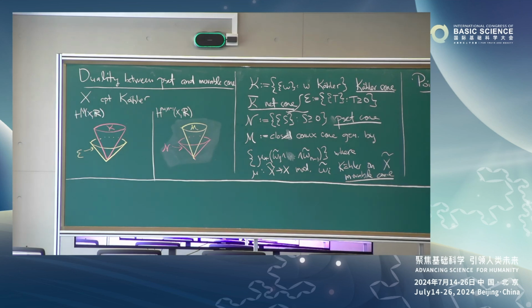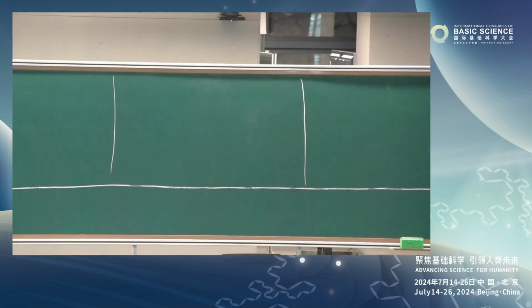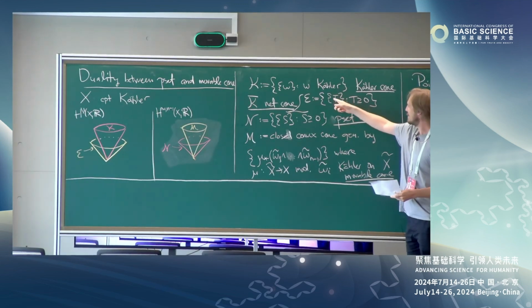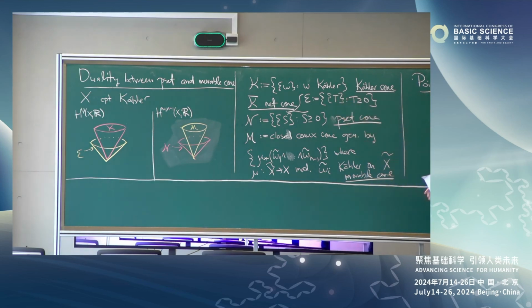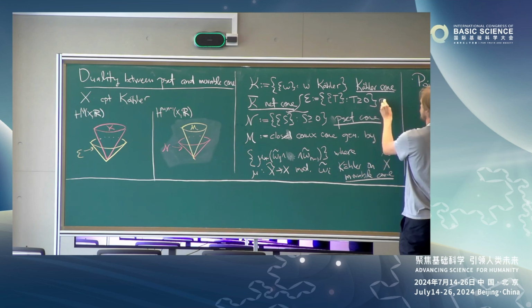Of course, a Kähler form is also a closed positive current, but there are many more of these. So this is a bigger cone, and it is called the pseudo-effective cone, or the PSEF cone.